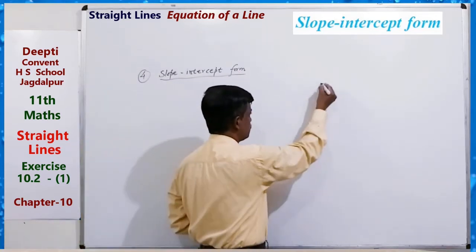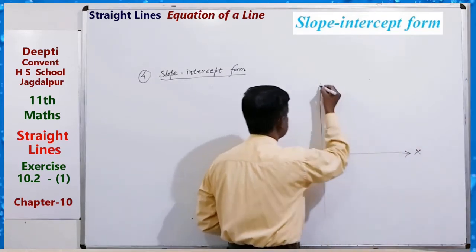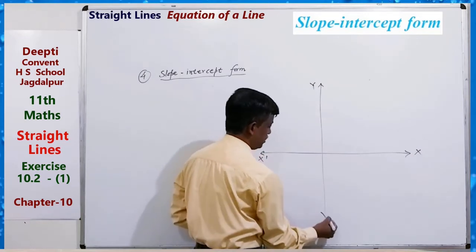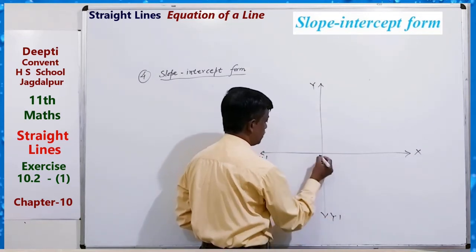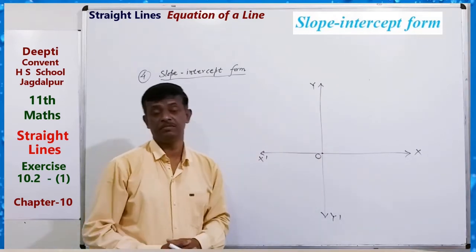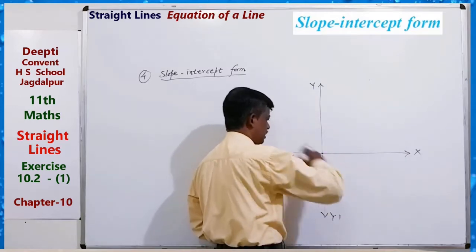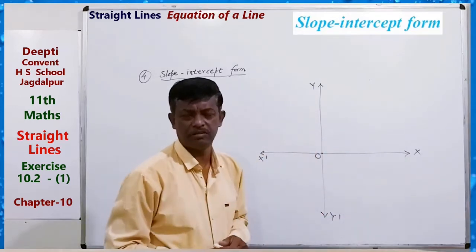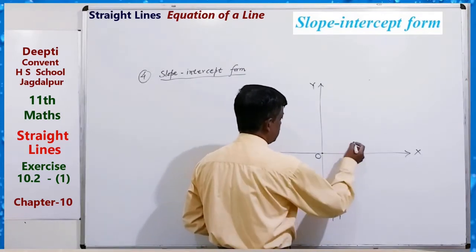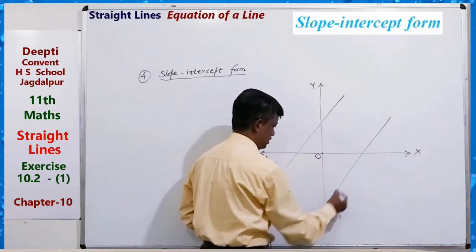Suppose we have this frame, the x-axis, the y-axis, and the origin. Now a line can be drawn here, here, and like this, anywhere. Suppose we draw the line like this or like this.